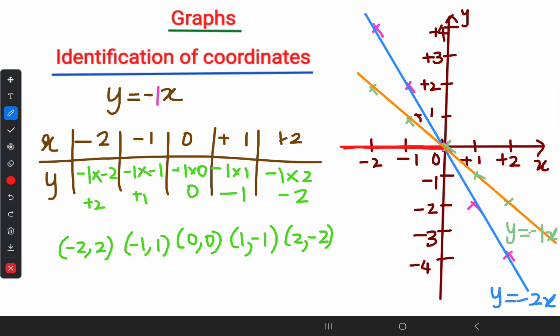If the number is located before the x, it is called the gradient or slope of the axis. There are two names. One is gradient, or else we are using the name slope, slope of the axis.